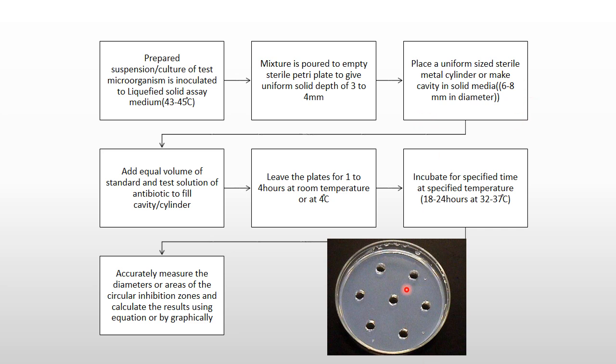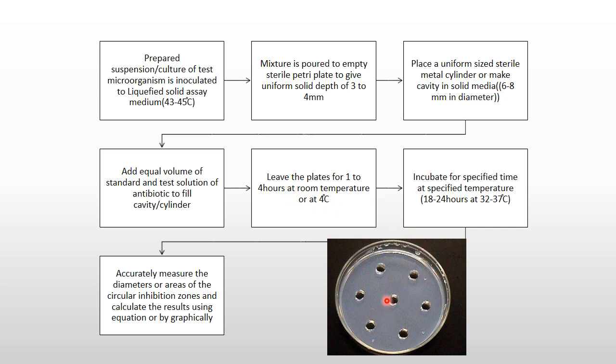Then place a uniform sized sterile metal cylinder or make cavities of 6 to 8 millimeter diameter in the solid media. Then add equal volumes of standard solution and test solution of antibiotic to fill the cavity or cylinder.